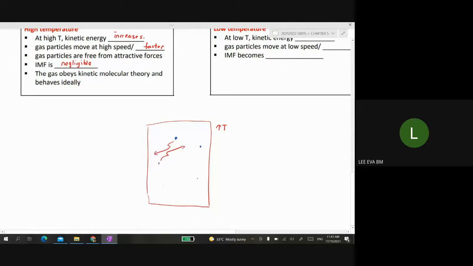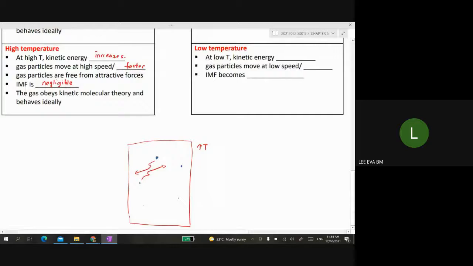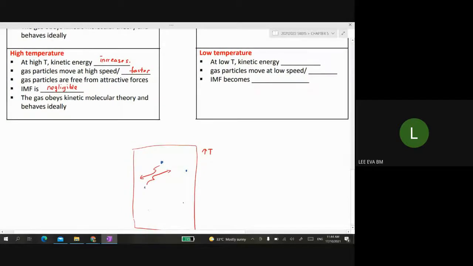That means the intermolecular forces to attract them become very, very small, because they now move very fast. To capture them is very difficult. It is difficult for them to have forces between each other. Therefore, we can say intermolecular forces become negligible. So remember, temperature, we link it to kinetic energy.